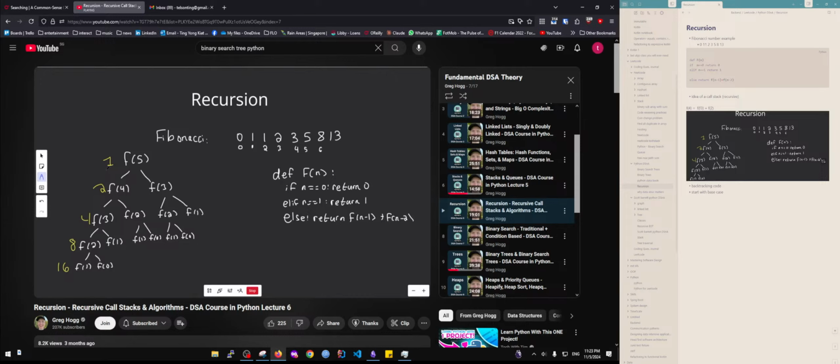So what's basically happening here is that there is 2 to the 0 things at this level, 2 to the 1 here, 2 to the 2 here, and 2 to the 3 here, and so on. So you're getting a doubling effect starting at n, and that's going to work itself all the way down to 0. So there's approximately n things.